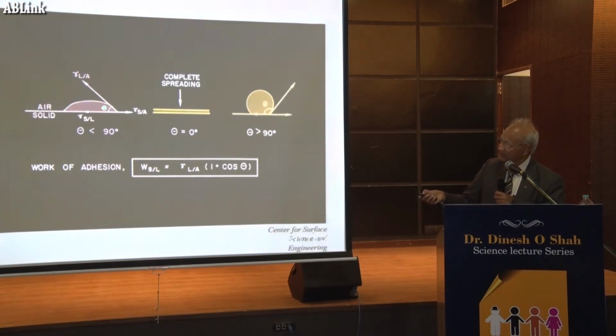So this is called contact angle. And it's related to the interaction between water and the solid surface by this formula. Work of adhesion is equal to surface tension, in parentheses 1 plus cos theta. So if you know this theta, and if you know the surface tension of the liquid, you can calculate this.